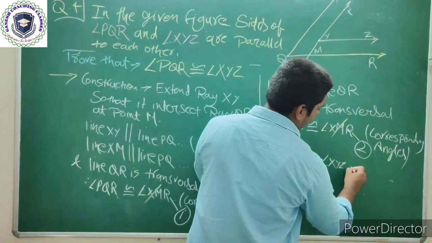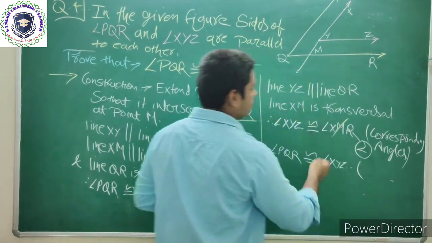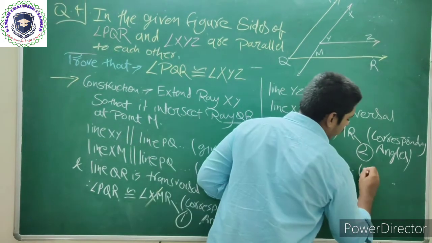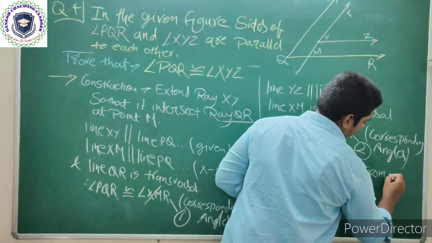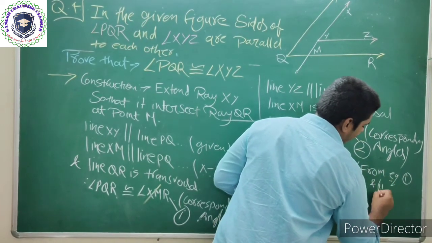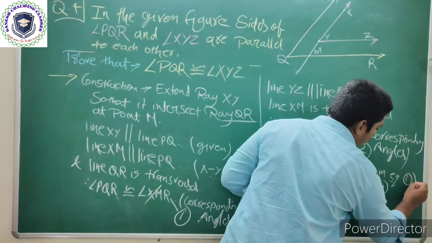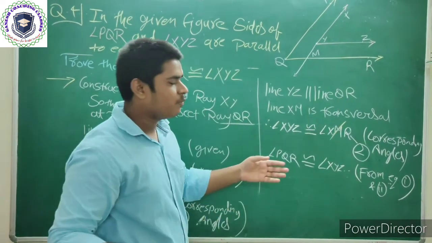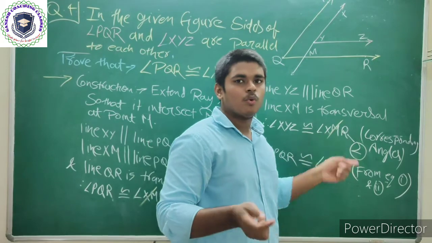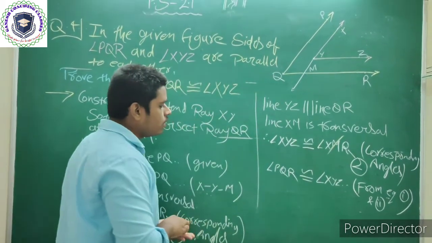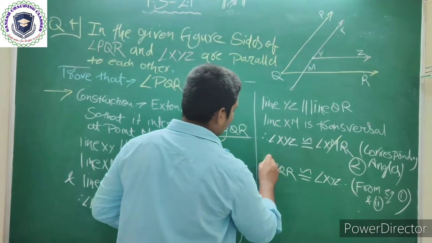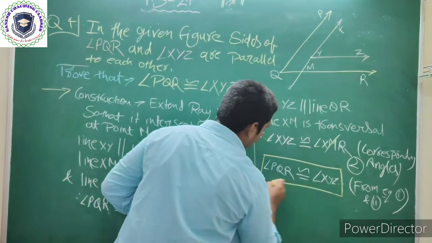The reason we have to write, by which we cancel these angles XMR, is: from equation 1 and 2. What does it mean? It means that we compared equation 1 with equation 2. So here we found angle PQR is congruent to angle XYZ, and this is what we have to prove.